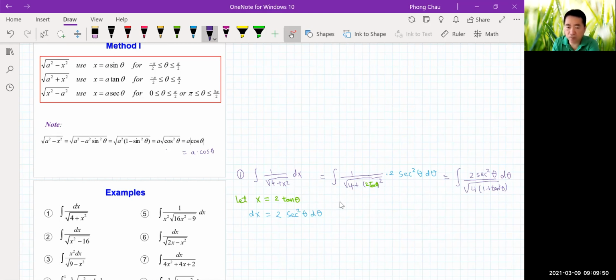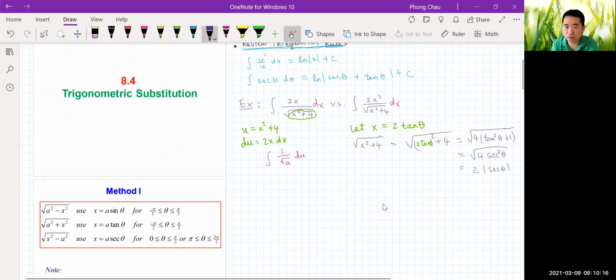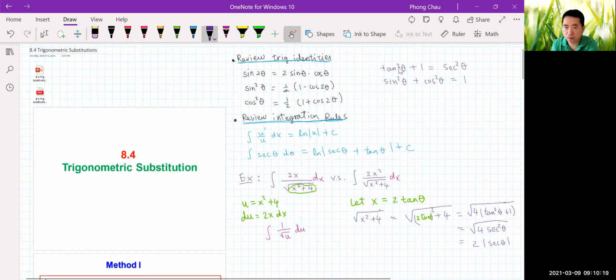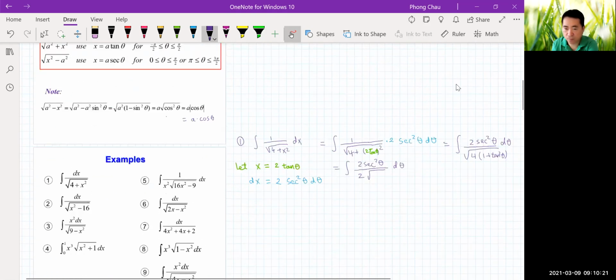Okay, so from here, the square root of 4 is 2. And then you have 1 plus tangent squared. What's 1 plus tangent squared? We did that up here. 1 plus tangent squared is secant squared.